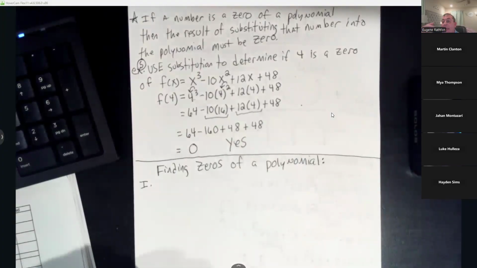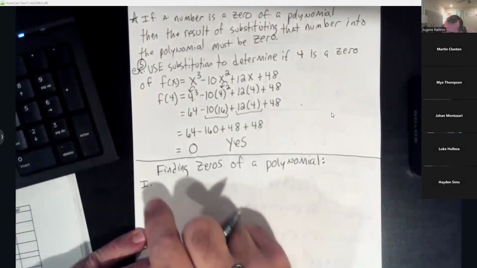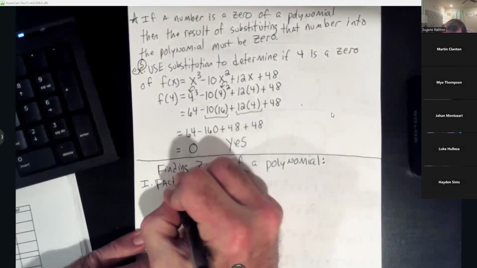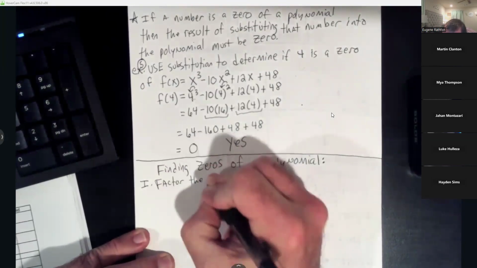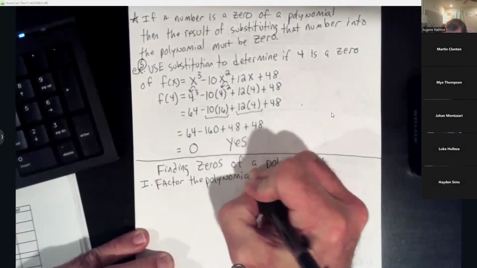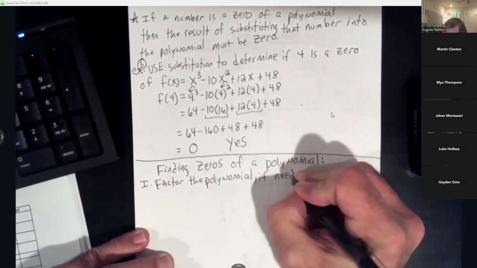So y'all, the first thing I need to do, if needed, sometimes they're already factored, is factor the polynomial. And like I said, that's if needed.